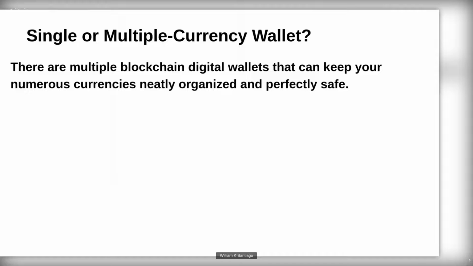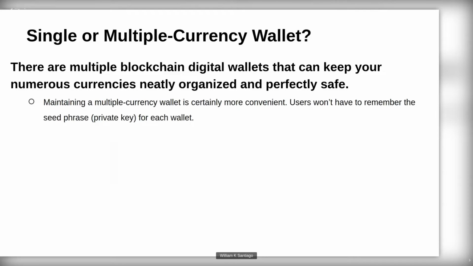So a phrase of 12 or 24 words will back up not only one private key, but multiple private keys together. And these private keys are one for Bitcoin, one for Ethereum, one for Polkadot, one for Stacks. You can have multiple wallets, multiple currencies, but only one safe way to back them up.